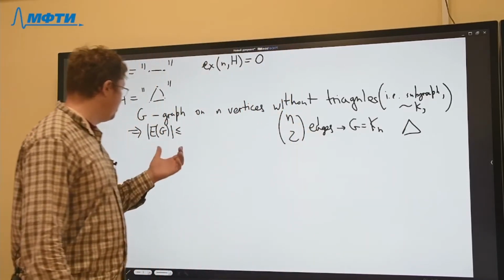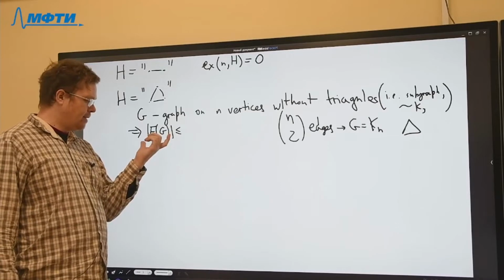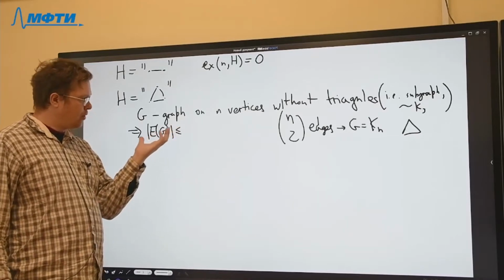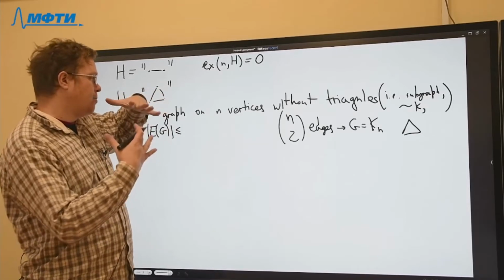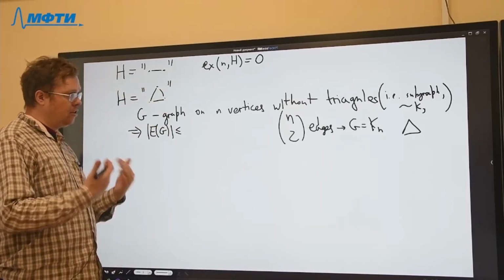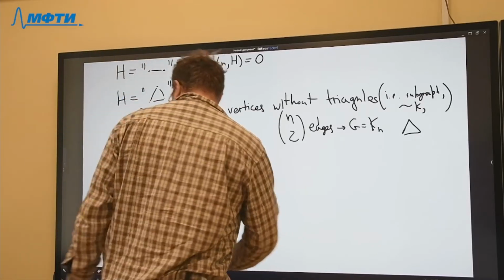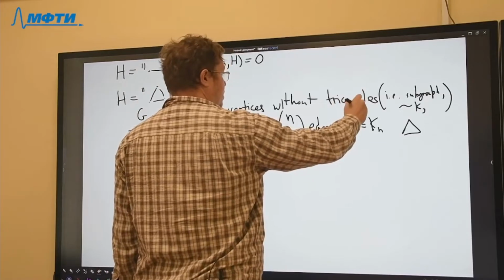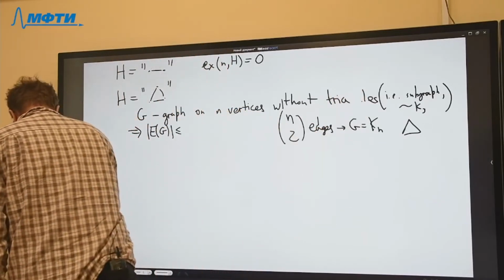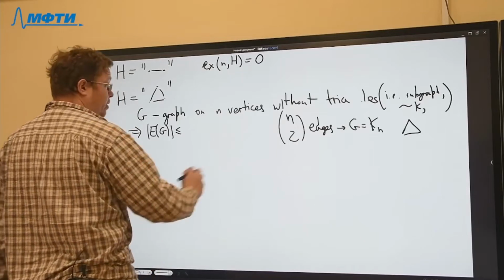So somewhere between 0 and n choose 2, there exists some upper bound on the number of edges, such that we have some extremal graph which doesn't have triangles, and if we add one more edge, there of course will be a triangle.